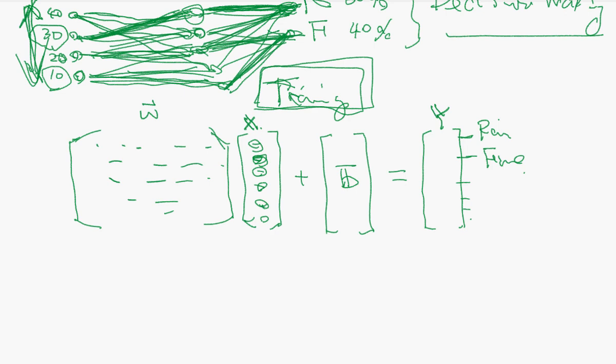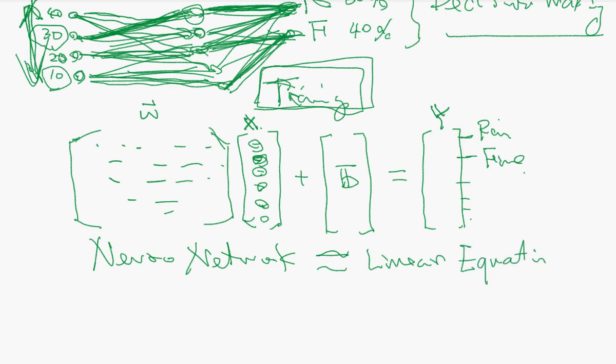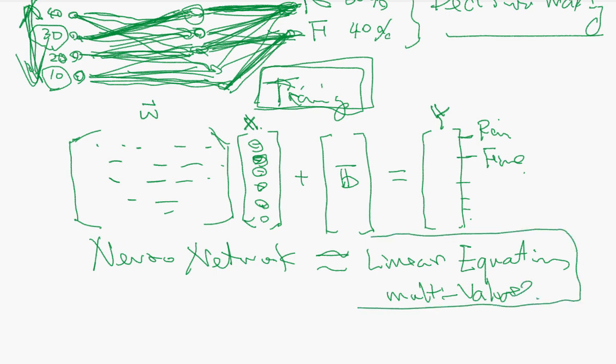In mathematics, this neural network is very similar to a linear equation, a multi-value linear equation.